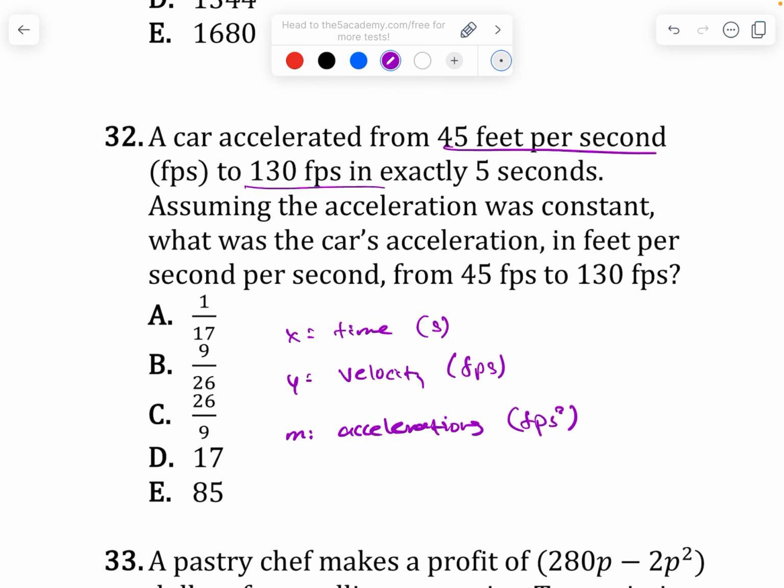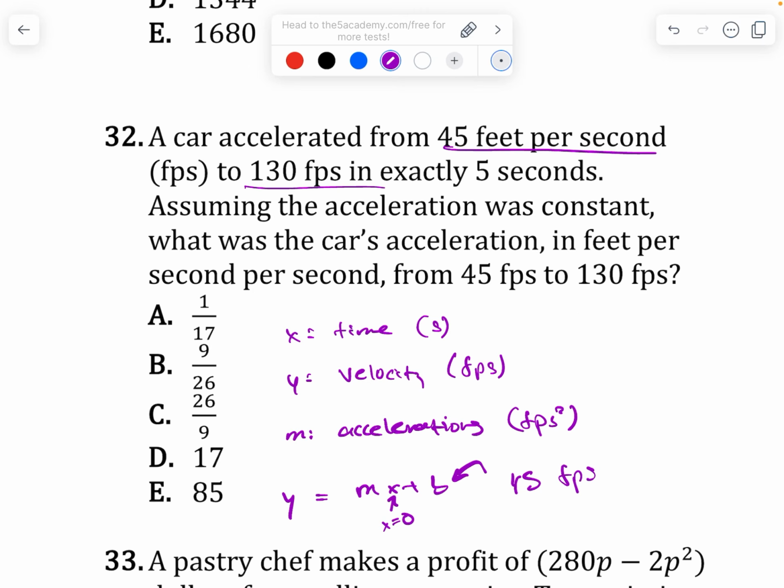And I'll show you how this all lines up in y equals mx plus b form. So first, let's do the y equals mx plus b form. You have your original speed, 45 feet per second, right? At t equals 0 or at x equals 0.